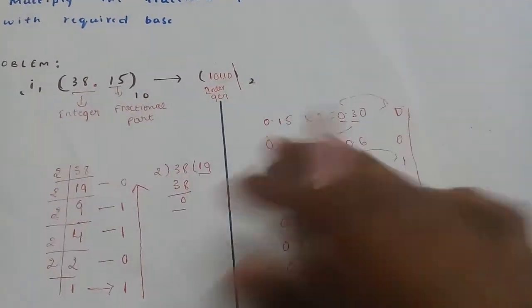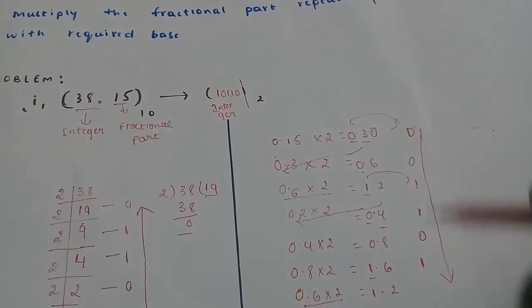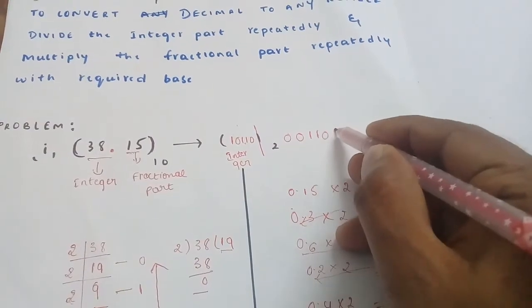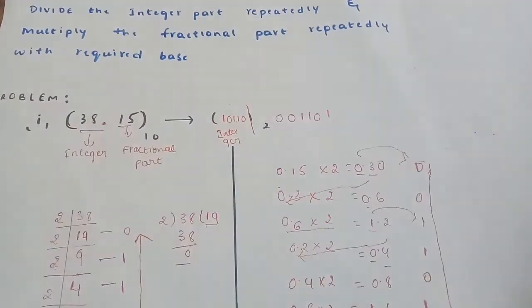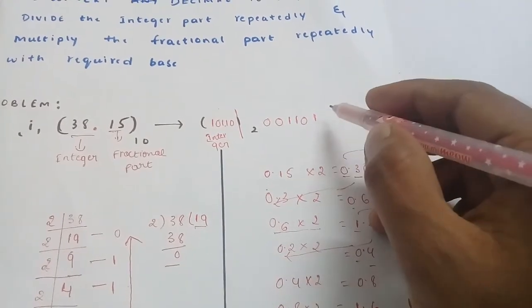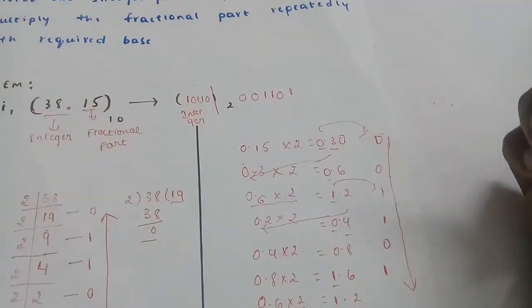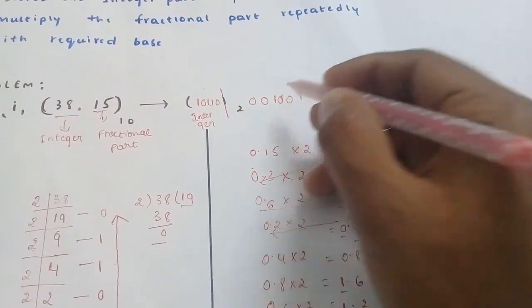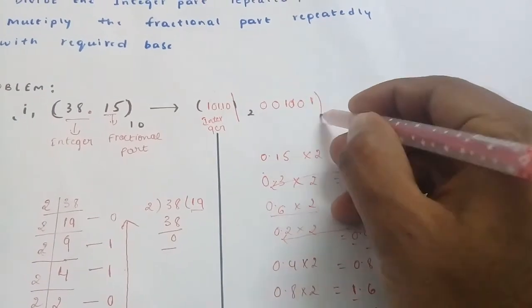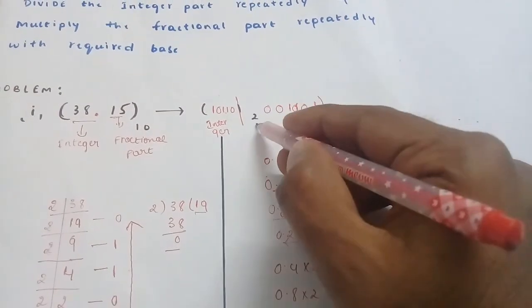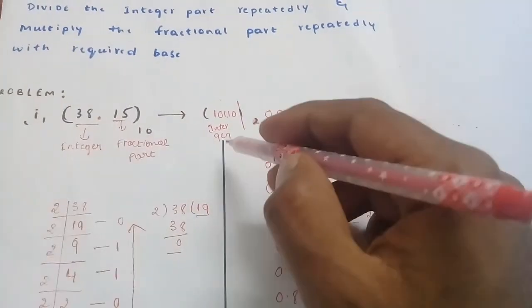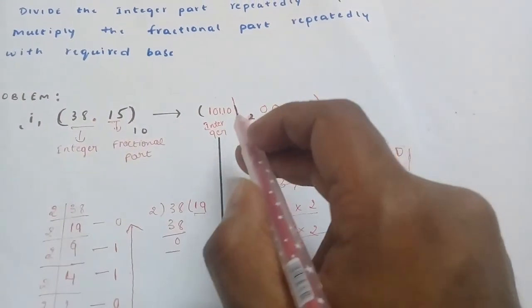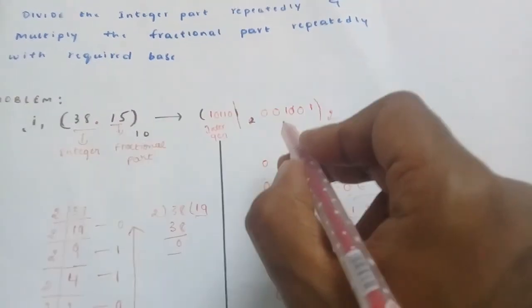From top to bottom the value will be 001001. And the equivalent binary value of the decimal number 38.15 is 100110.001001.